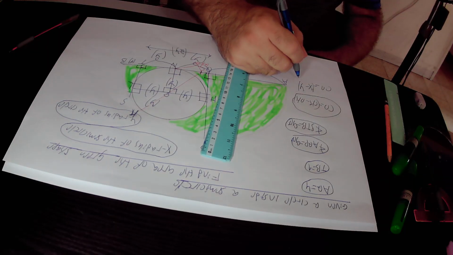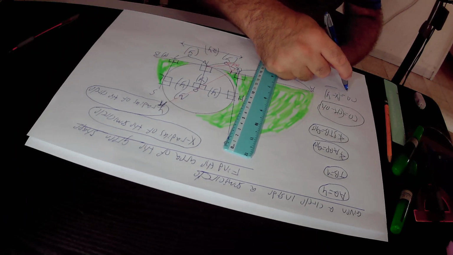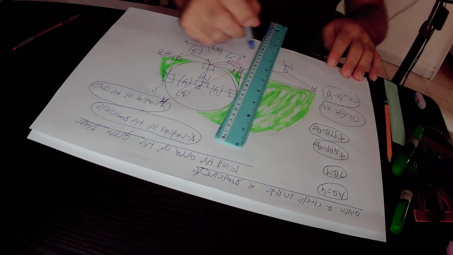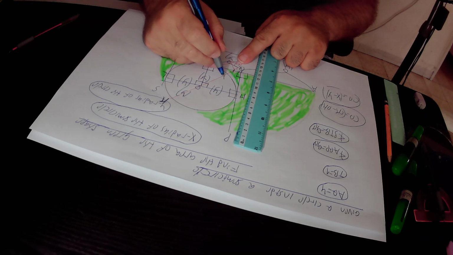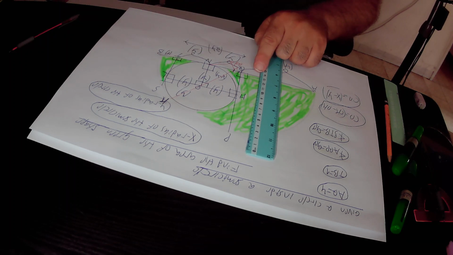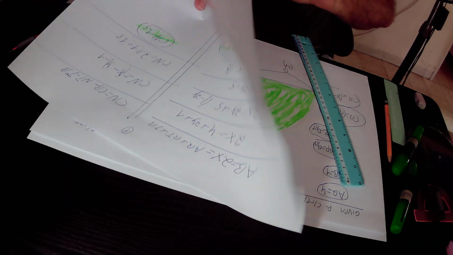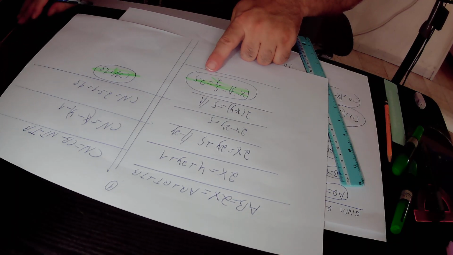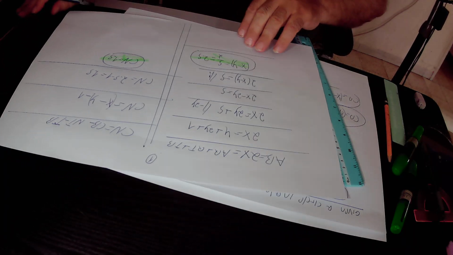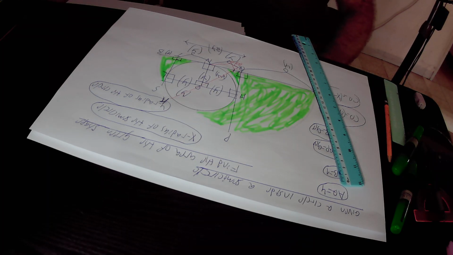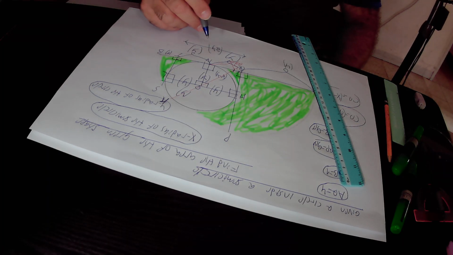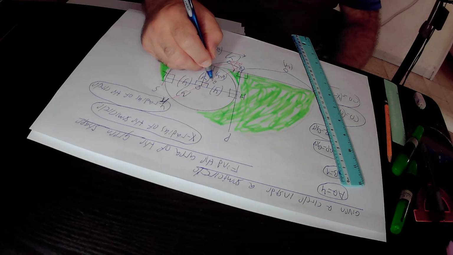So in total we found that CO equals x minus y. But we have already found out that x minus y equals 2.5. Therefore CO equals 2.5 units in its length.